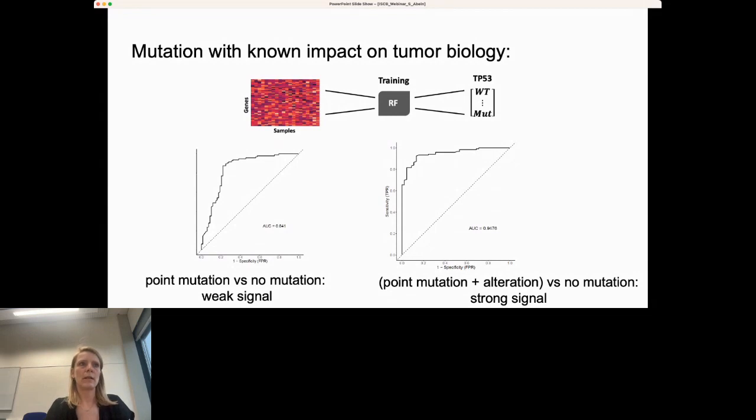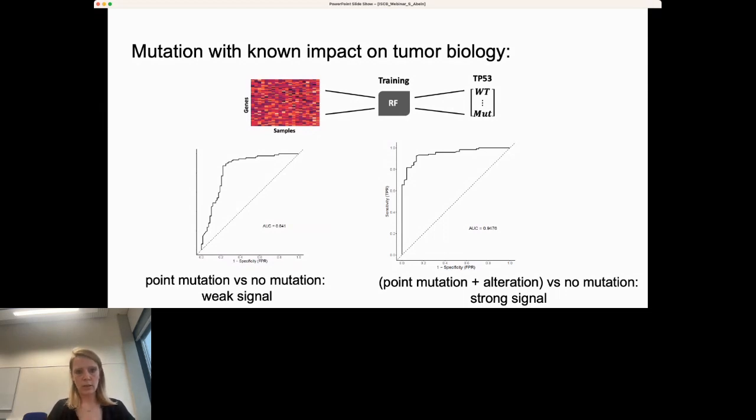So that means that the expression data is even more strongly correlated with the status if we take this definition of the p53 mutation. And this is really nice. This model is incredibly predictive, so that means there's a very strong signal. This is also not a surprise because p53 is a well-known driver gene. So this is actually what we would expect for this gene.